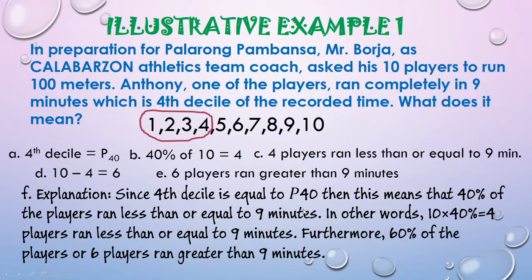So, ganyan po ang pag-i-interpret. Iko-consider nyo kung ilan yung naka-reach dun sa less than or equal. At the same time, kukunin nyo din yung greater than plus their percentage form.